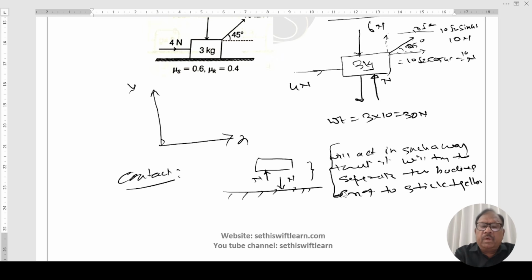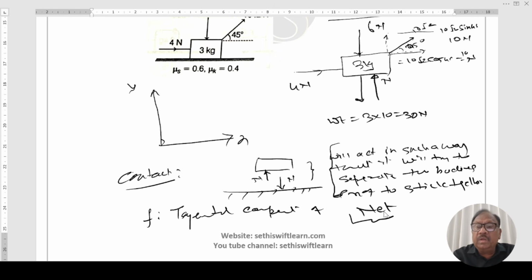And what is friction force? Friction force is the tangential component of net contact force. Right.